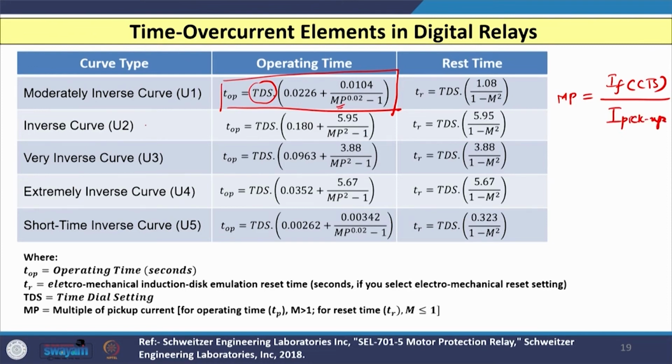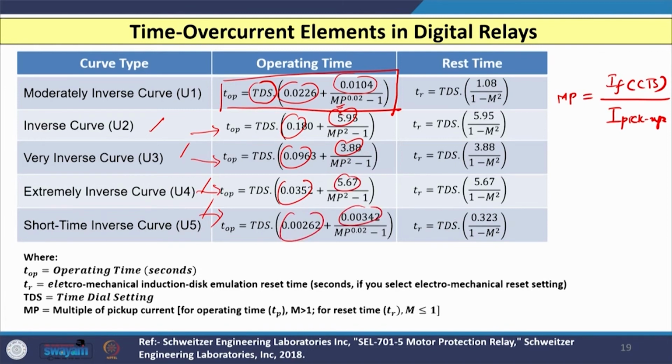Similarly, for other curves, let us say US curve U2, U3, U4, U5, the respective equations for calculation of time of operation of relays are given. You can see in these equations the time constants are different for each equation, right.